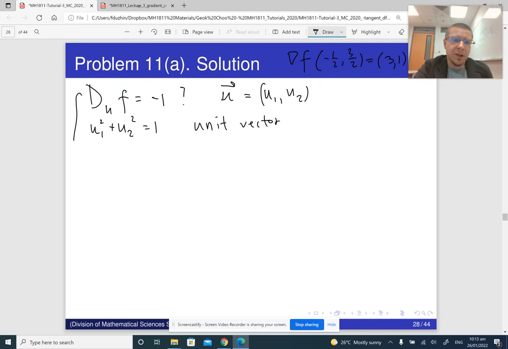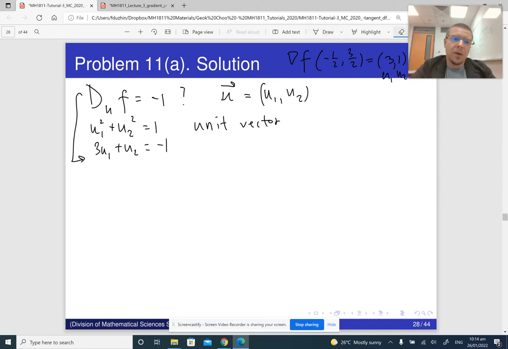So the dot product of u and nabla f is, with u1, u2, going to be 3u1 plus u2. So 3u1 plus u2 should be negative 1.